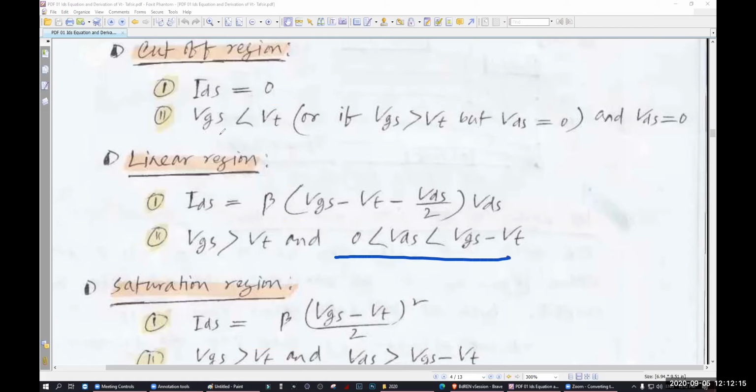If VGS is more than VT, but in this case VDS is greater than or equal to VGS minus VT, that time it will be saturation. Okay? So three equations and a few conditions. You have to understand those conditions, then apply the formula. Remember, there can be some viva questions from there as well.